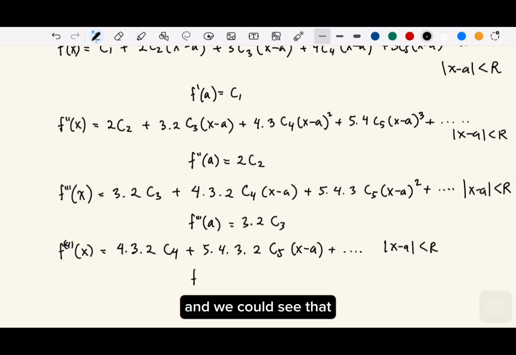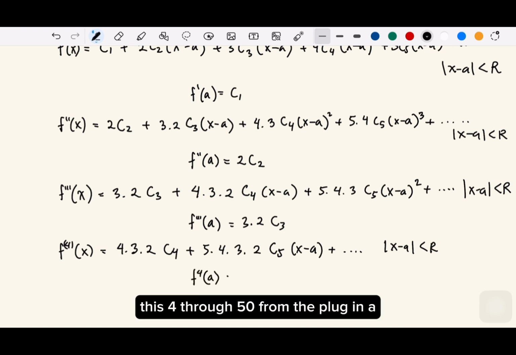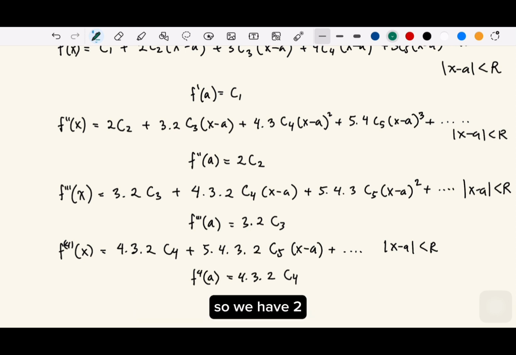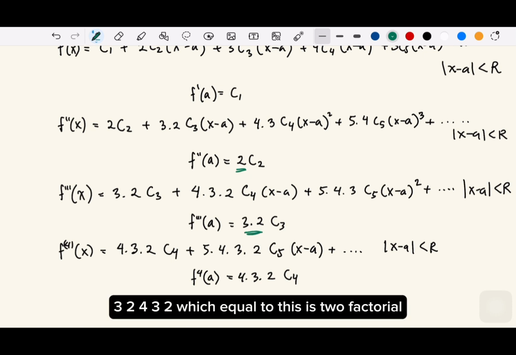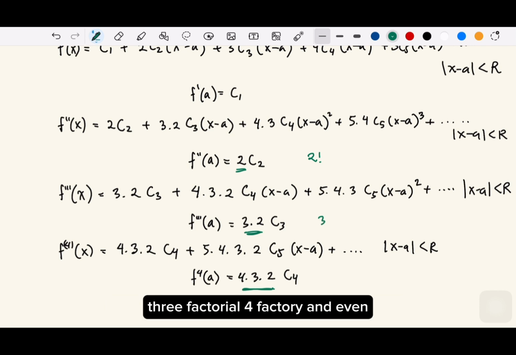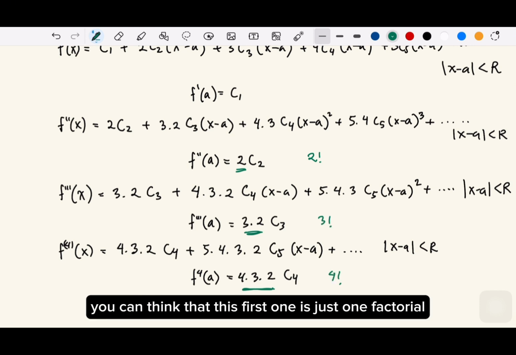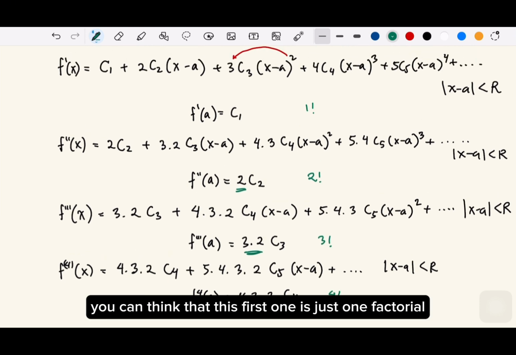And we could see that this fourth derivative, when we plug in a, will be 4 multiplied by 3 multiplied by 2, c4. Now notice that we have something interesting here, right? We have 2, 3 by 2, 4 by 3 by 2, which is 2 factorial, 3 factorial, 4 factorial, and we can even think that the first one is just 1 factorial.